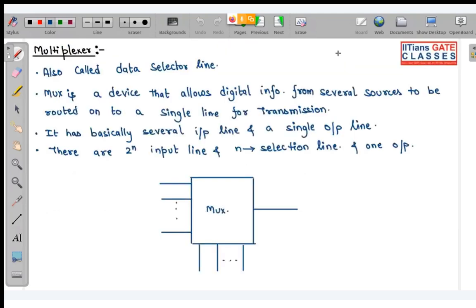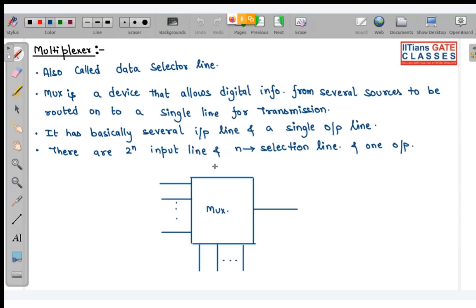So can anyone tell me what is a multiplexer? Don't read over here, just tell me, what do you understand by a multiplexer? It takes several inputs and provides only one selected output. So on what basis does it select the input?